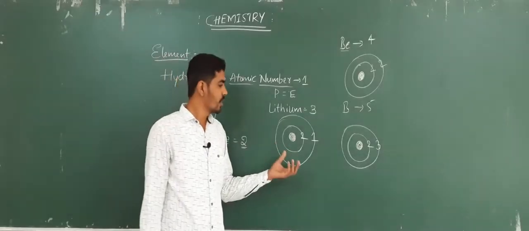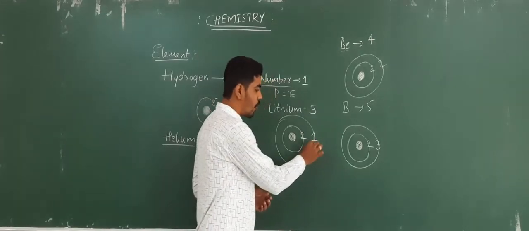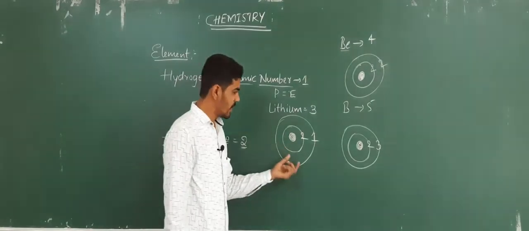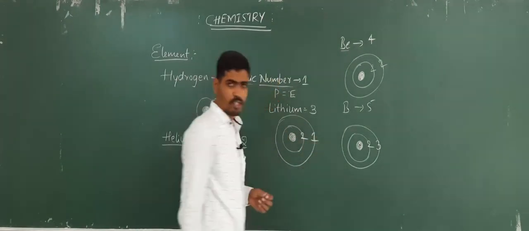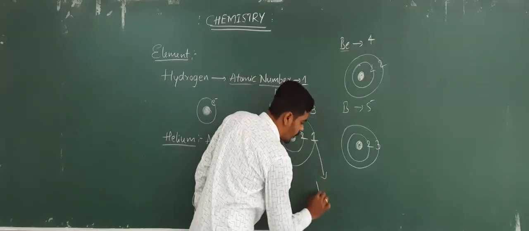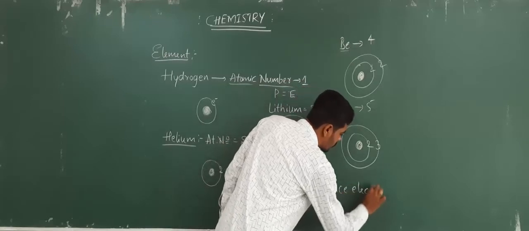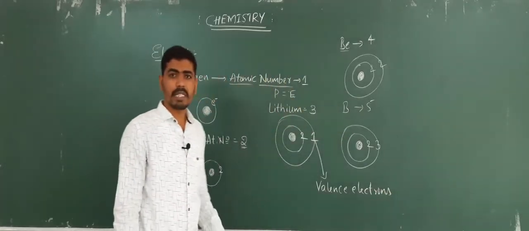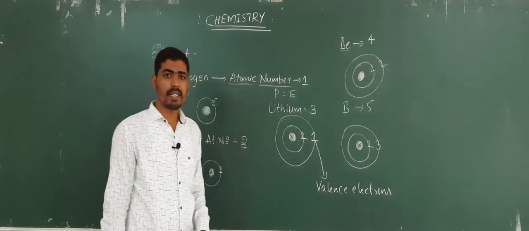And here the electrons, as you can see, are in the outermost shell of the lithium atom. The electrons which are present in the outermost shell are said to be valence electrons.